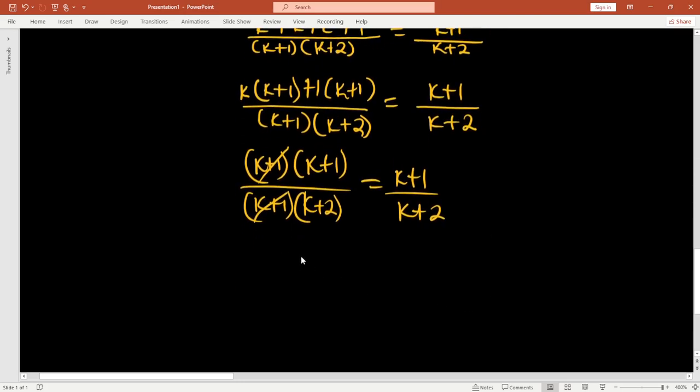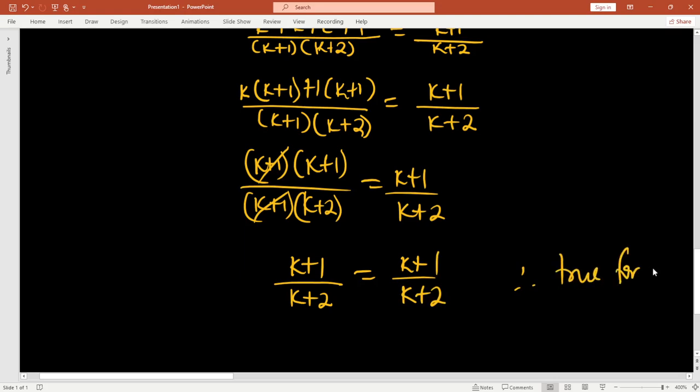Then you're just left with k plus 1 divided by k plus 2 equal to k plus 1 divided by k plus 2. Therefore, this is true for n equals k plus 1. If this is true for n equals k plus 1, then this statement holds under mathematical induction.